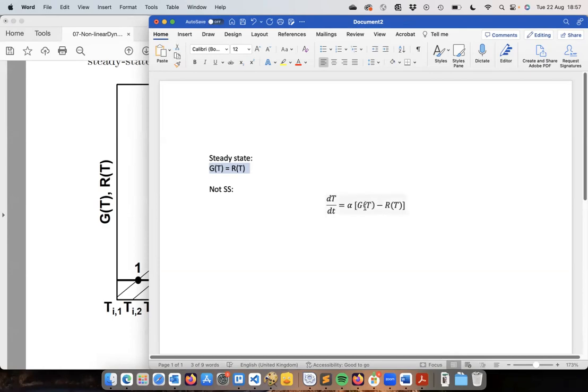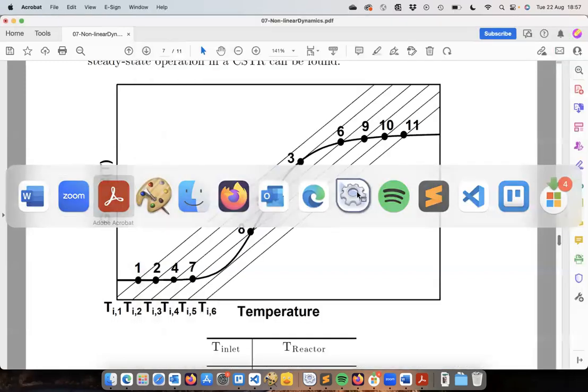If it's an exothermic reaction, this is going to raise the temperature. And this is to remove heat, so minus R. So G will tend to cause temperature to rise, R will tend to cause temperature to drop. And this means that if G is more than R, the temperature is going to tend to go up. So let's think about that in the context of what we drew here.